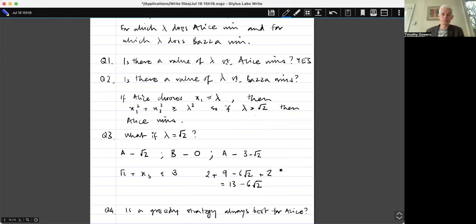And 6 root 2 is less than 6 times 1.5, and 6 times 1.5 is 9. So this is greater than 4. So what I've just shown here is that with these choices, x1 squared plus x2 squared plus x3 squared is greater than 4. So Alice wins.